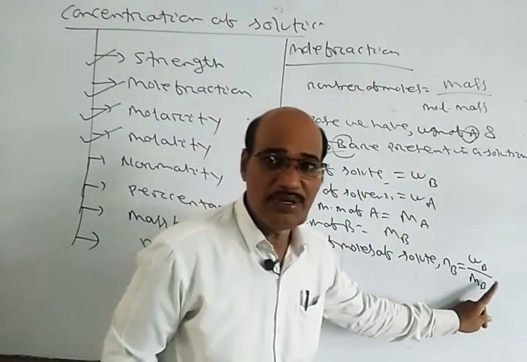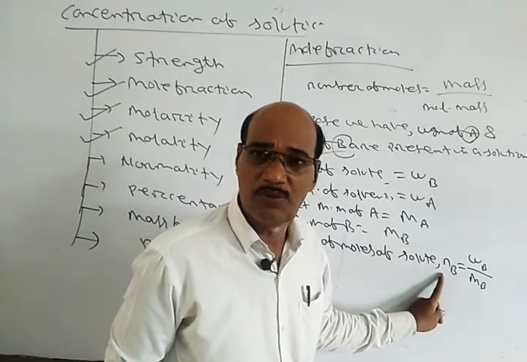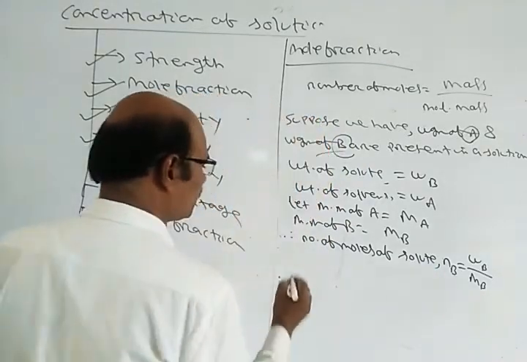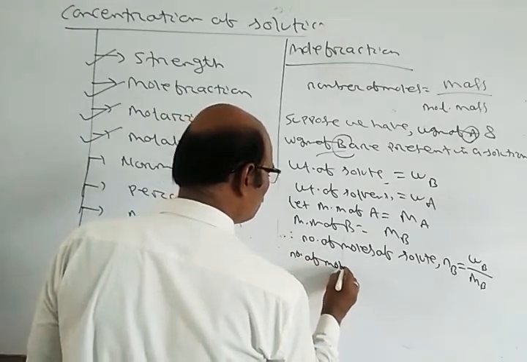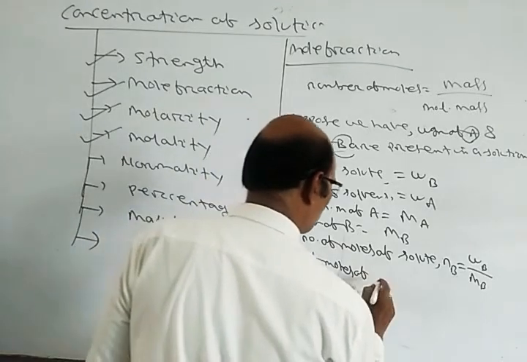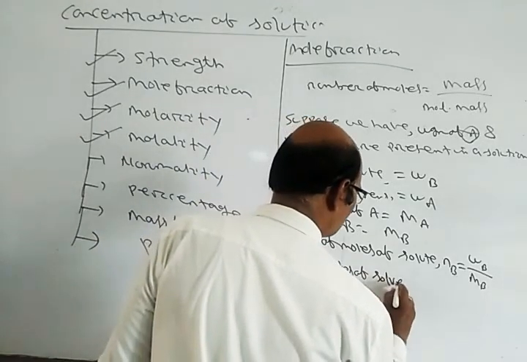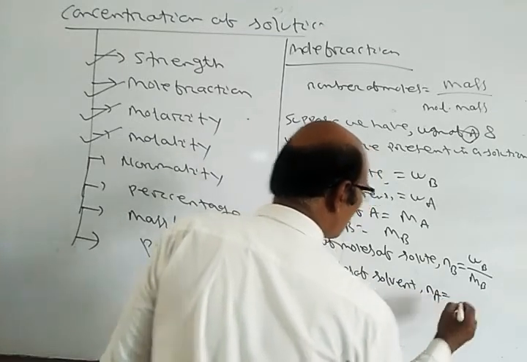So mass of B by molecular mass of B is equal to number of moles of B. Similarly, number of moles of solvent, N A, equal to what?